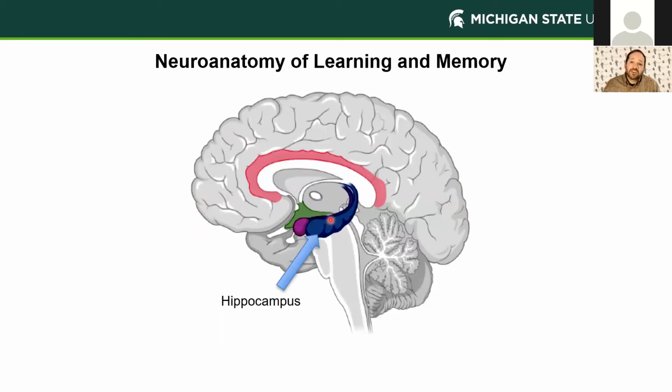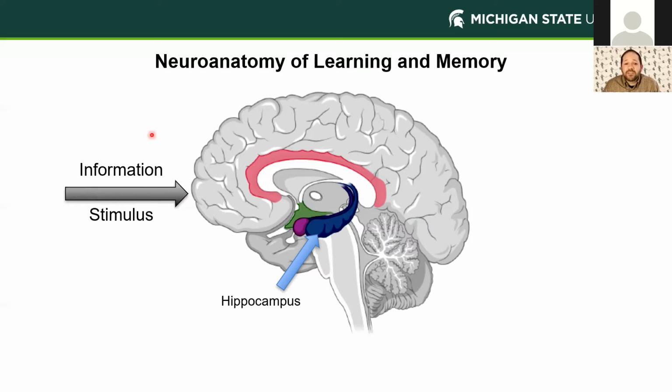So in the process of learning and memory, now we are going into the physiology of learning and memory. What happens? We receive information or a stimulus. Like today, when I'm giving you some information, that information is activating the neurons in this area of the hippocampus.